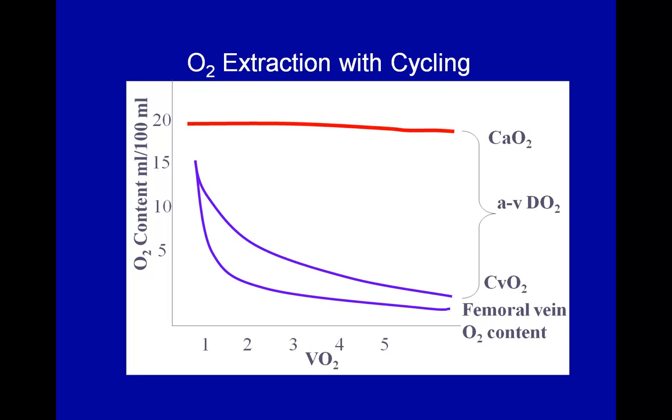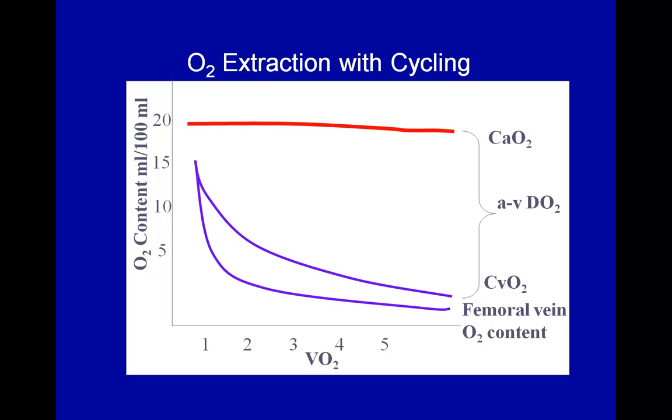This is taken from a research study where they were looking at extraction of oxygen from the blood in a bicycle exercise ergometer test. So on the y-axis we've got oxygen content, and as we know that's milliliters of oxygen per 100 milliliters or per deciliter of blood. And we're looking at a couple of blue graphs here.